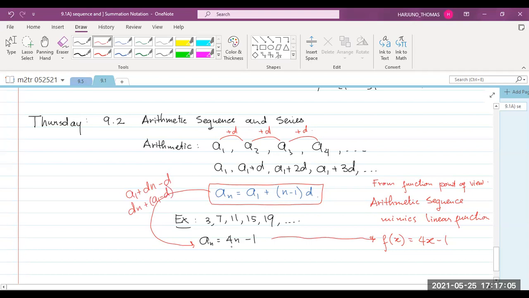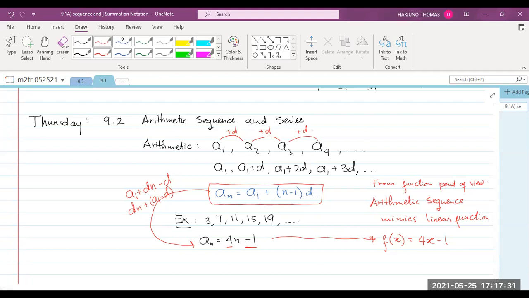That's what we have there. The d is 4, and a sub 1 minus d is negative 1. Basically, eventually you will see a linear type of function, a linear sequence, to be more precise, an arithmetic sequence.